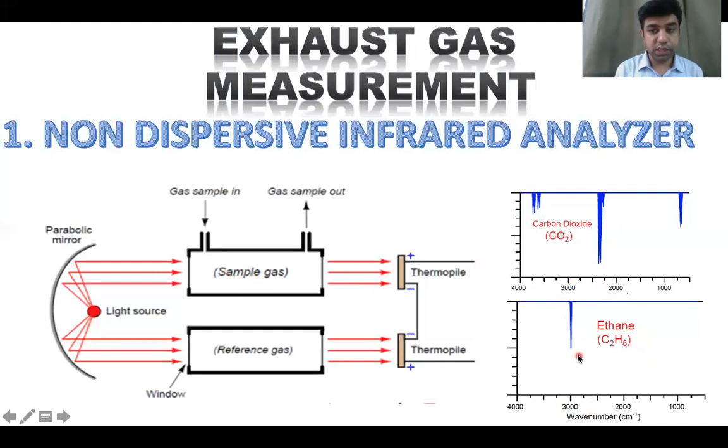And if you take ethane, then it absorbs infrared light of wave number 3000. So you need to set infrared light of different wave numbers in order to get a better result. Okay, so this is all about the NDIR, non-dispersive infrared analyzer. It is the most commonly used equipment.